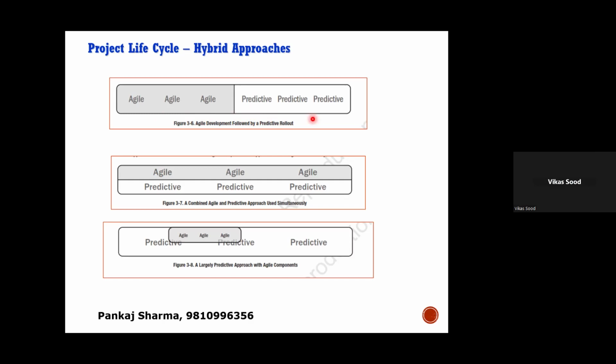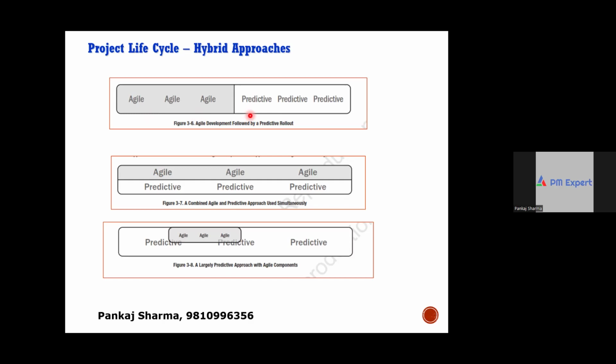Yes, we can. In fact, developing an antivirus is also a kind of agile, the way new antiviruses are coming, the way security breaches happen. So the development can be agile, but the rollout can be predictive.